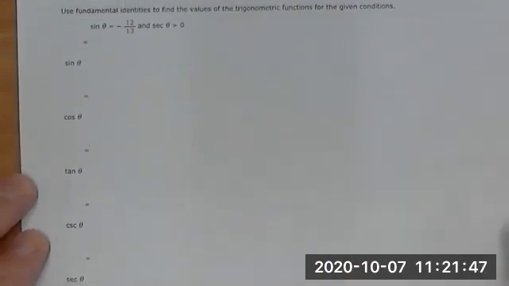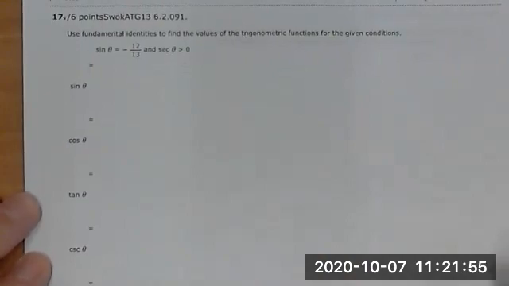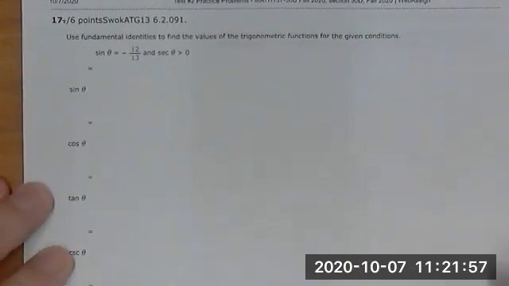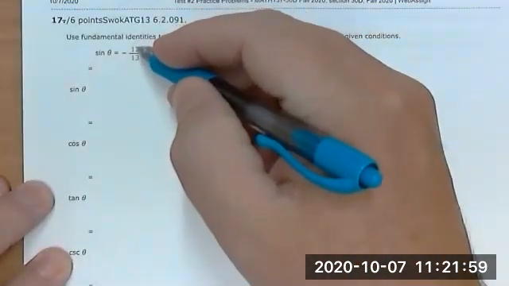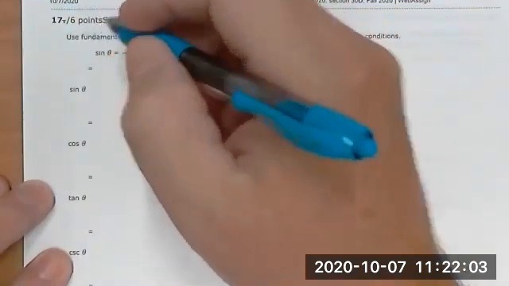All right, let's see what 17 is. 17 is just like the one we did. So let's just go through the first part. I'm not going to actually find all the trig functions, we'll just do the setup part of it. So sine, let's do the quadrant first. Sine is negative. Where is the sine negative?